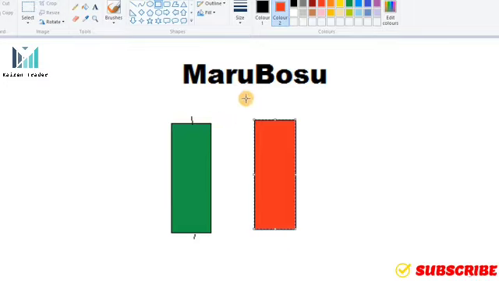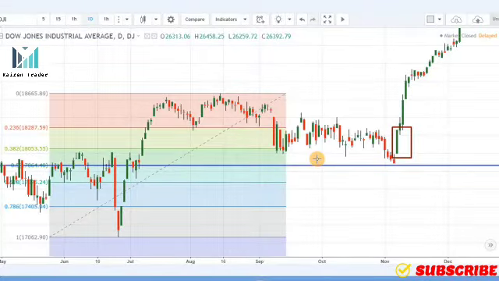Now the thing is, if you get a green Marubozu on a support or resistance, you should expect the price to go up, and in case of the red one, you should expect the price to go down. So I'm here with a chart for the Marubozu candle.